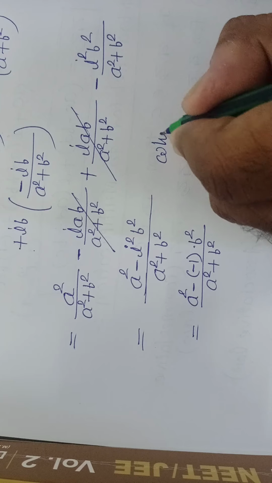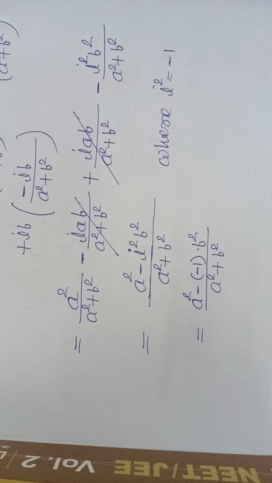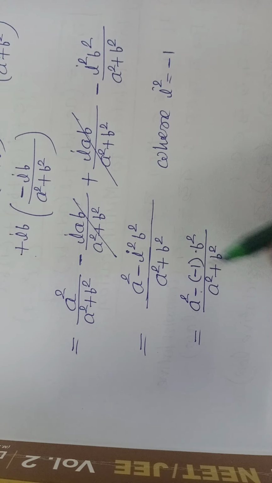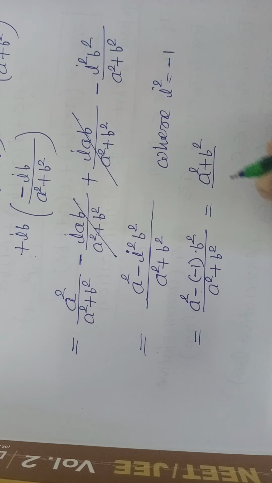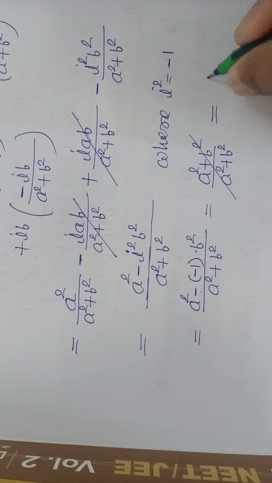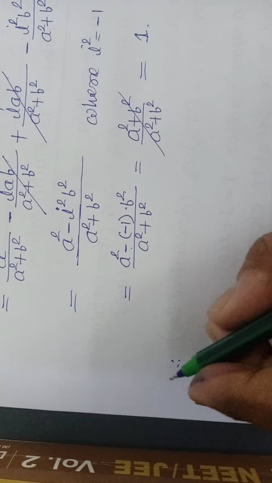I just write here where i square is minus 1. Now what does this minus minus become? That is plus, a square plus b square upon a square plus b square. Cut, and the answer is 1. Hence proved.